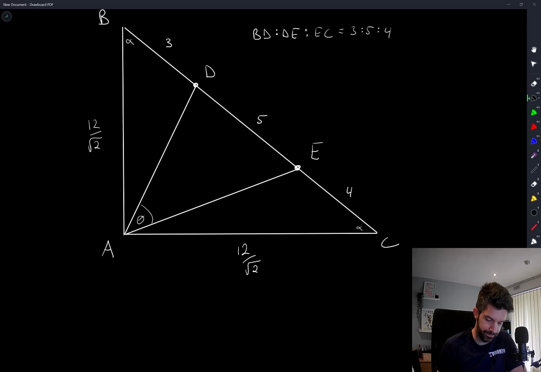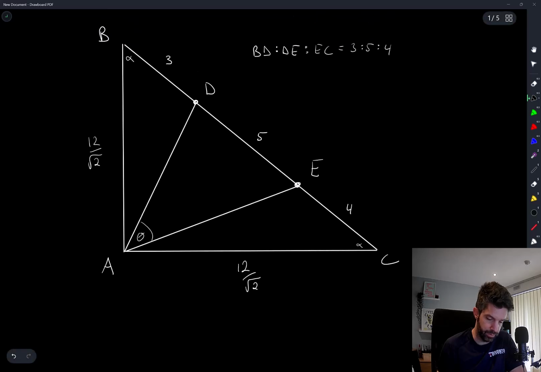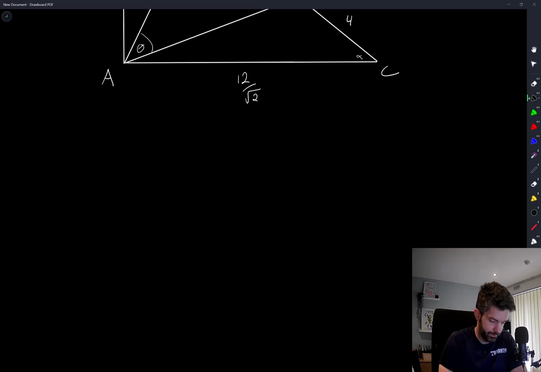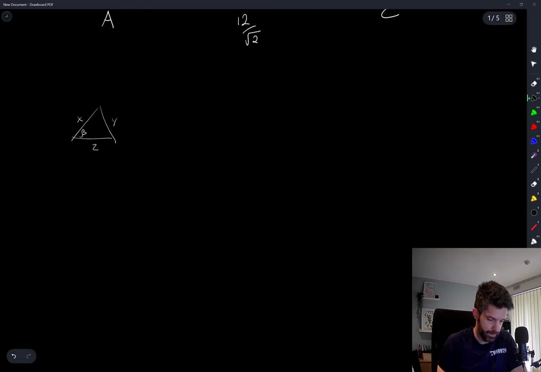We'll need some trig ratios and all that kind of stuff. Or what is it, mostly cosine law it looks like that we're going to be using. So let me try and remember what the cosine law is. I think it's y squared is equal to x squared plus z squared minus, is it 2xz cos beta?